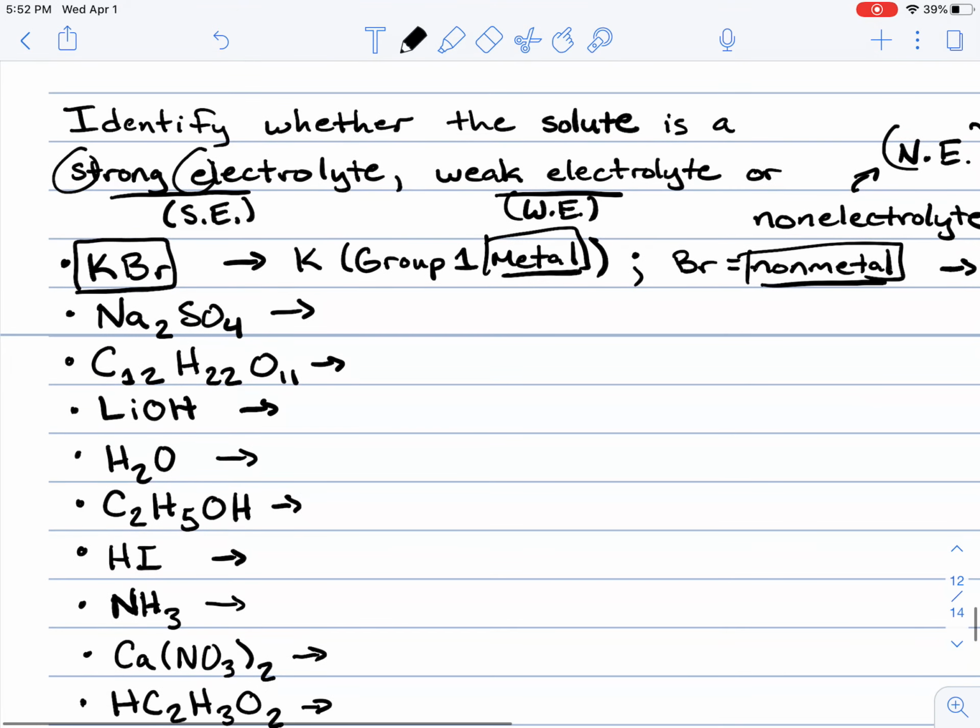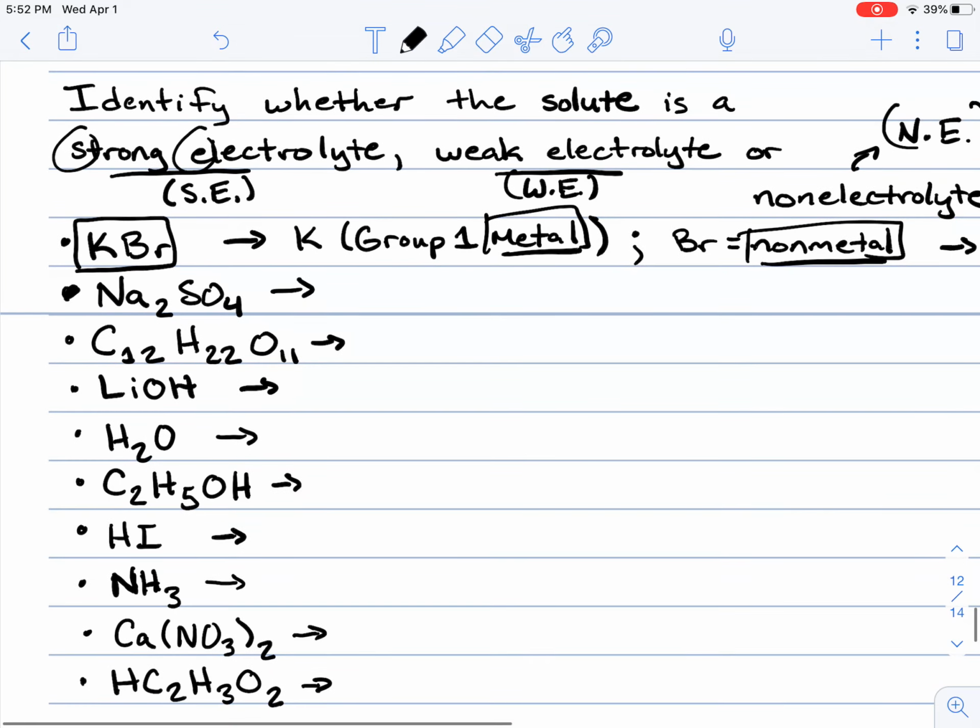All right, so let's look at this second example, sodium sulfate. Very similar to what we did in the first problem, we're going to first identify if Na2SO4 is a non-electrolyte or an electrolyte.